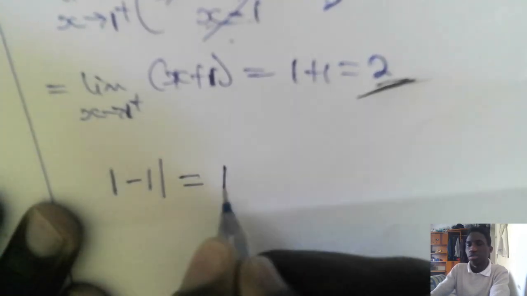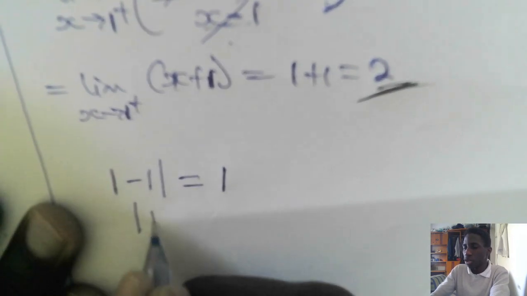So the absolute value function, or the absolute value command, just trying to make it in simple terms here. When I say absolute value of -1, the answer is 1. When I say absolute value of 1, the answer is 1.